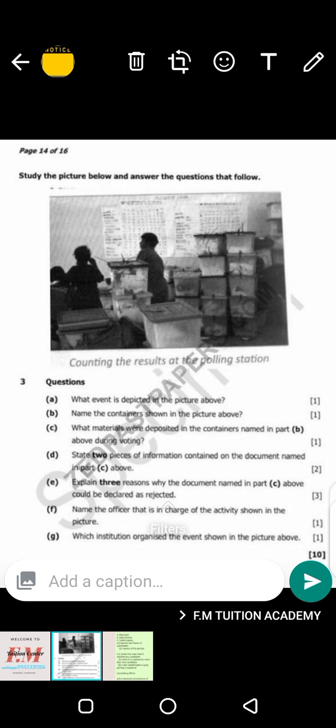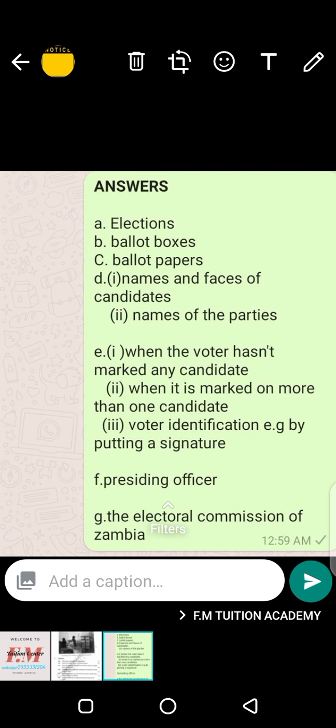During elections, people come in and throw their ballot papers inside the ballot boxes. So the answer to question C is ballot papers, as you can see there.